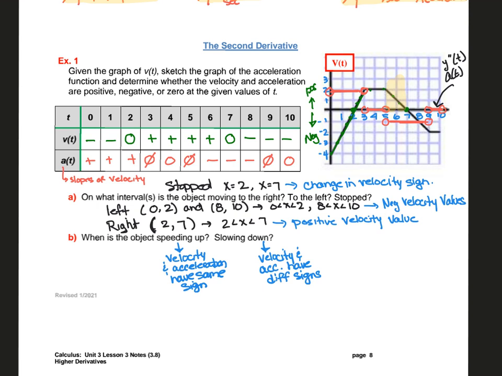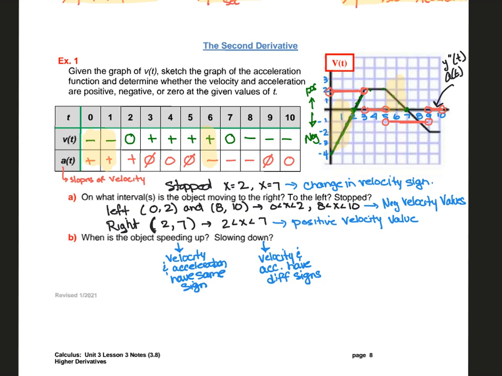The other time that that happens is right in here from 2 to 3. Sorry, I said that wrong. Right here from 1 to 2, notice that my velocity values are below the x-axis and my acceleration is above the x-axis. If I look on my number line, it's in those two sections right there.